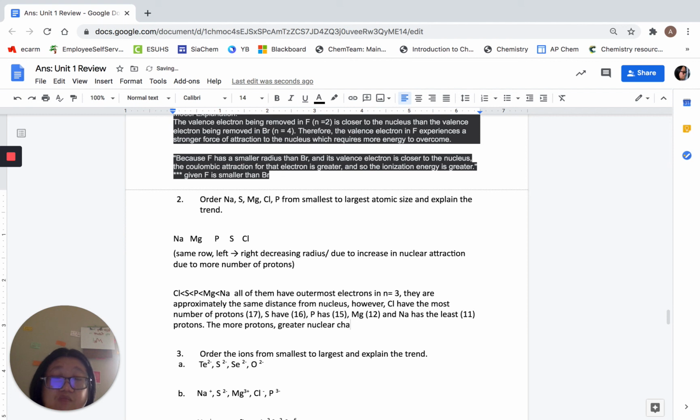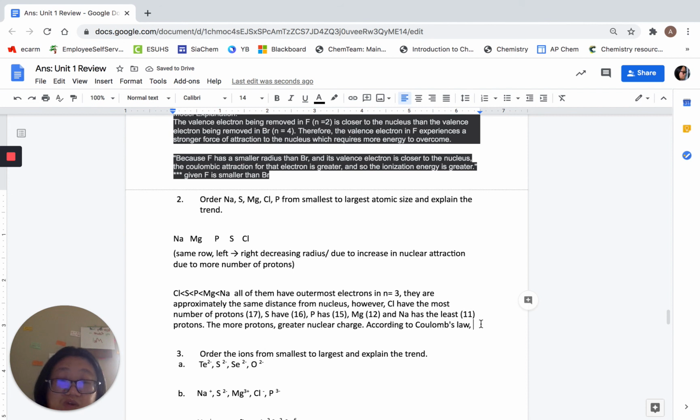I'm going to go ahead and bring in Coulomb. I can never spell his name correctly. I always put an extra U there.